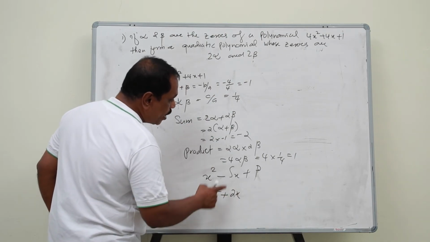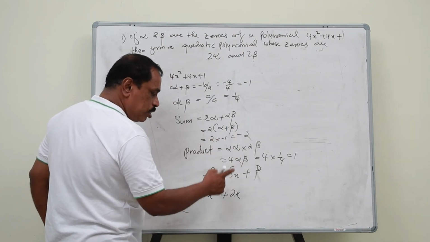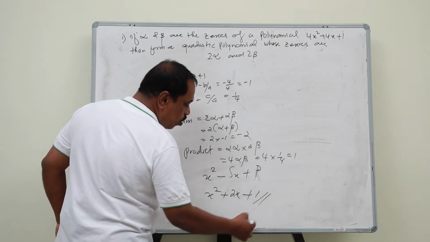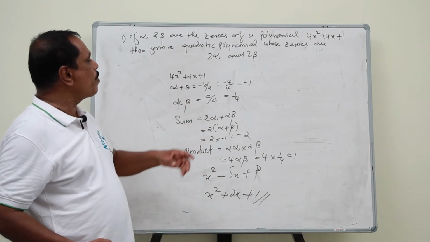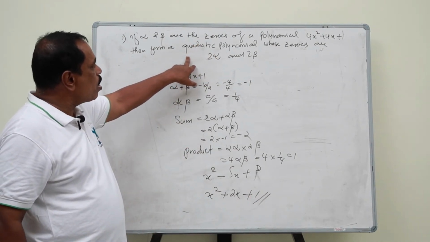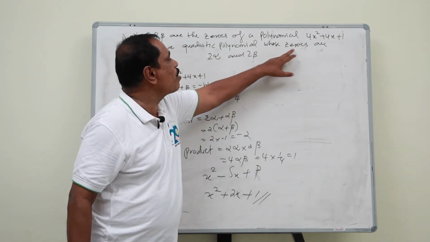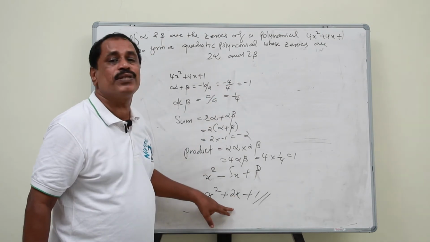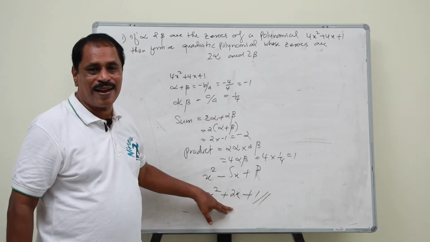You know why? Minus minus. Then plus the product, that is 1. So the polynomial whose zeros are 2 alpha and 2 beta is x square plus 2x plus 1. Clear?